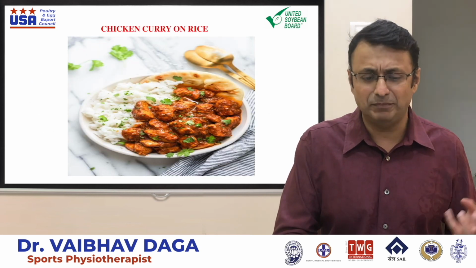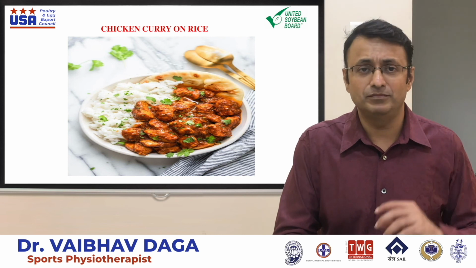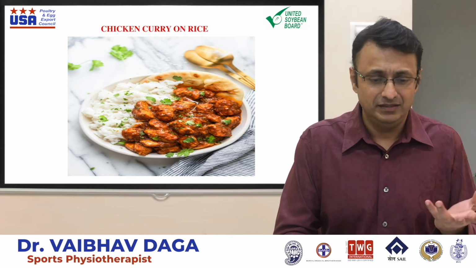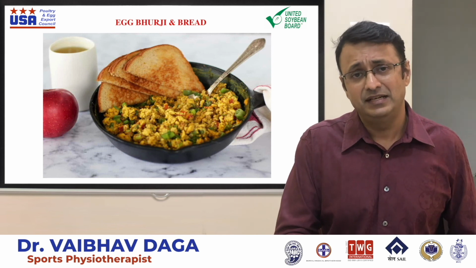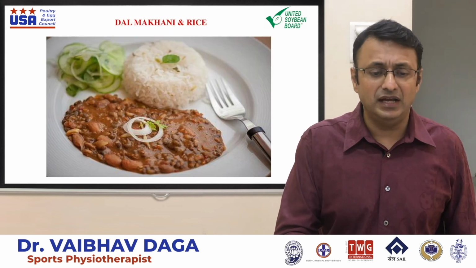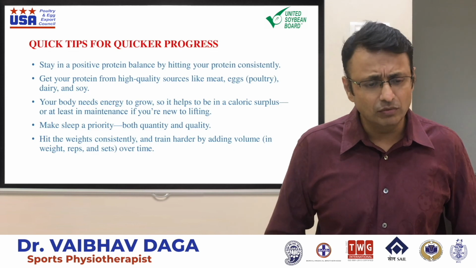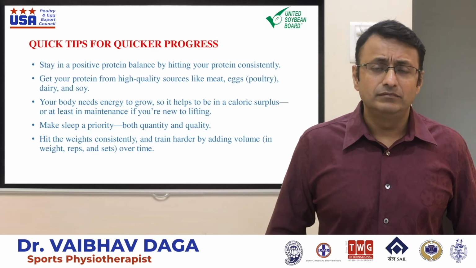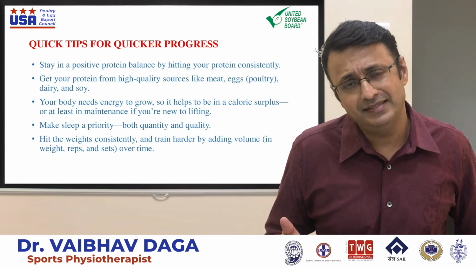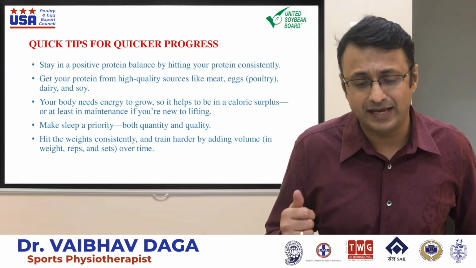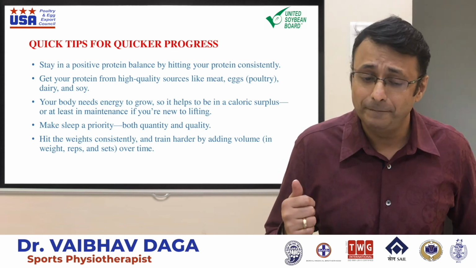These are examples of having carbohydrates and protein together, like chicken curry. As you can see, these are various examples: egg burji and bread, some rice and dal. So in the end, for quicker progress, you should have a positive protein balance. That is the way your muscles will be helped to grow.